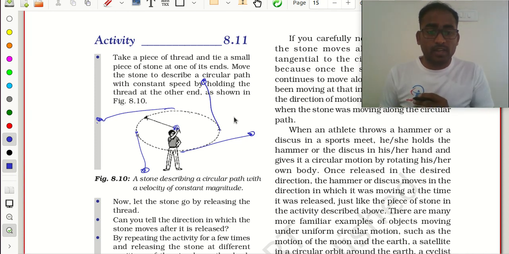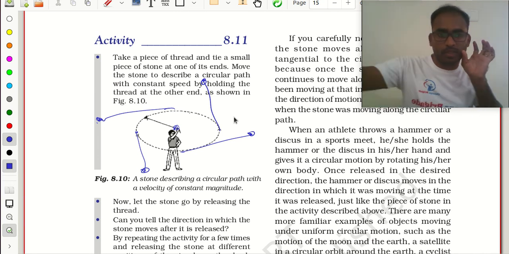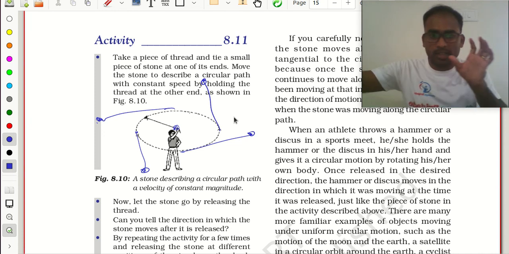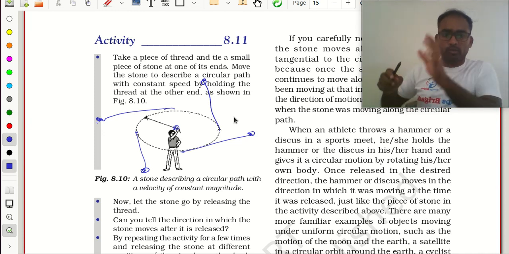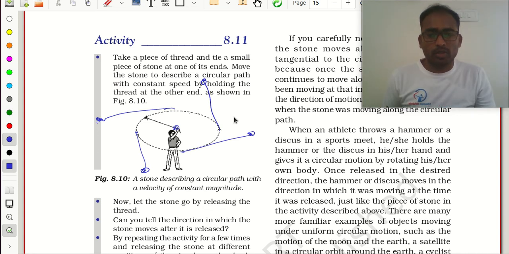And when you see the shot put game, they will take that hammer, that load, and they will rotate some 2-3 rounds, and they will throw. You can search Google for shot put game in Olympics, and YouTube will show some videos.